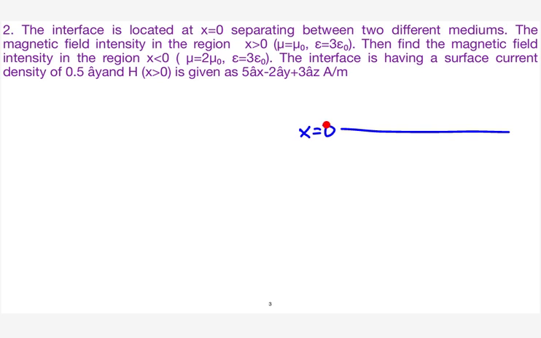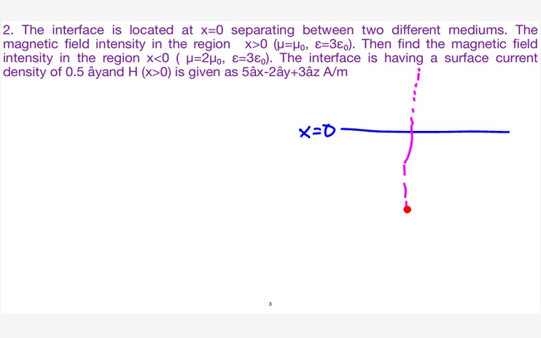Can you tell me which is the perpendicular direction for this plane? x equal to 0 is the yz plane. So which will be the perpendicular direction? Good, for x equal to 0 it is x.